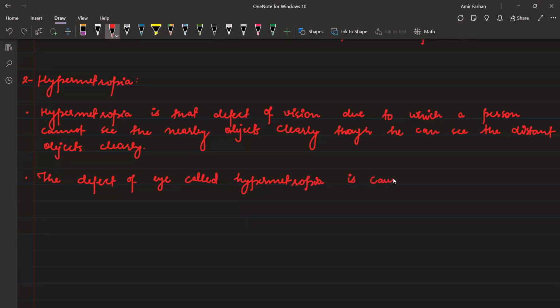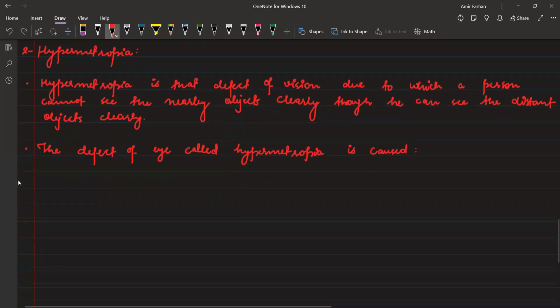It is the opposite of myopia. First reason is that the converging power of the eye lens becomes low.